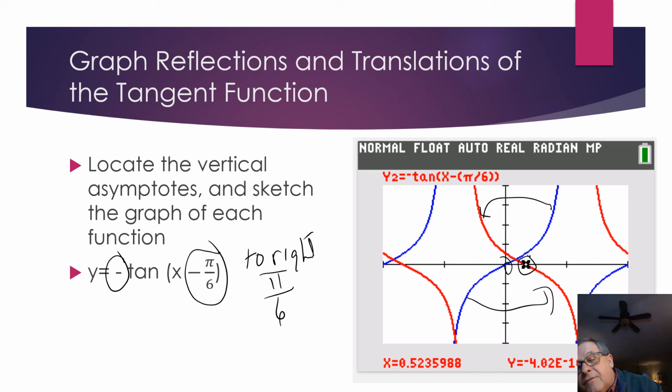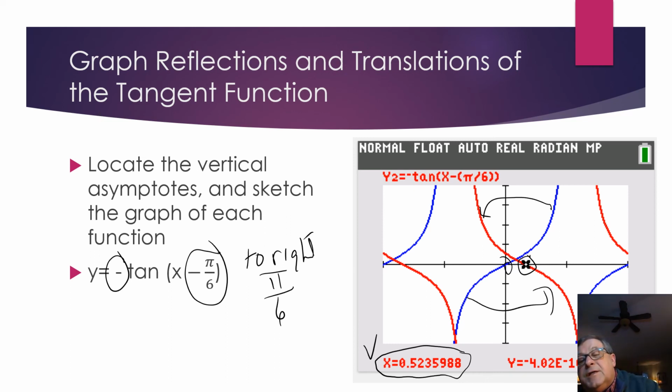But you see that I've got an x-intercept here at 0.5235988. And I challenge you, go into your calculator and put in pi divided by 6 and see what you get. I think you'll find it's pretty close to that figure right there, 0.5235988, or pi over 6.